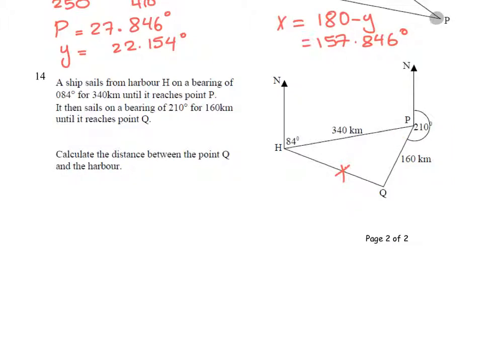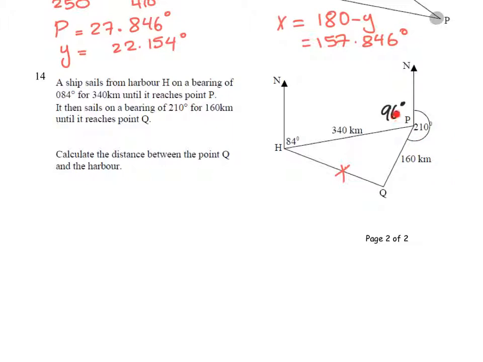So what can we do? If you look at angle H and angle P, these are supplementary because they are same-side interior angles. Do you see how these two lines are parallel? So 84 plus P is going to give you 180. So 180 minus 84 is going to be 96 degrees. Now, this whole thing over here is 360.